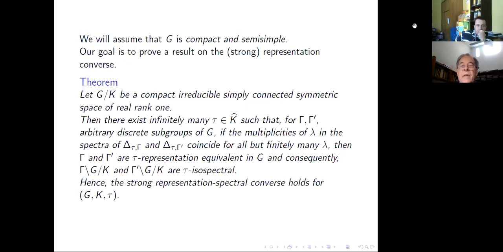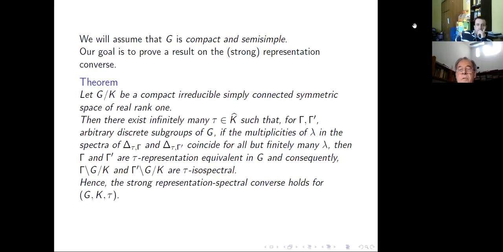Then there exist infinitely many tau in K hat, such that for gamma, gamma prime arbitrary discrete subgroups of G, if the multiplicities of lambda in the spectra for both groups coincide for all but finitely many lambda, then gamma and gamma prime are tau representation equivalent in G. And consequently, the manifolds are tau isospectral.